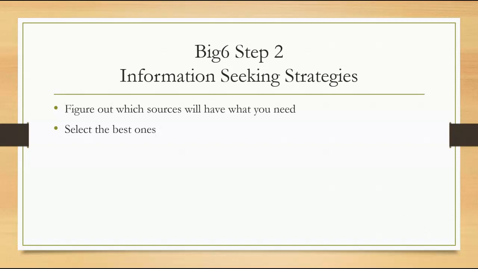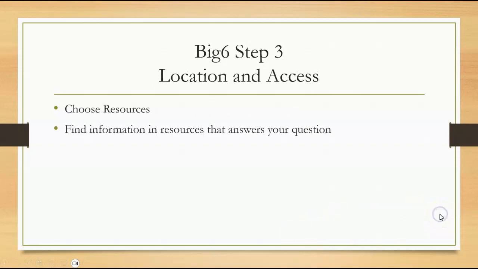Are you going to need primary source documents that you'll have to find in a database? So for this step, you are just going to figure out, where can I start to look for information? Is there a person I can talk to to get information? And what are the best types of sources to use to answer this question?